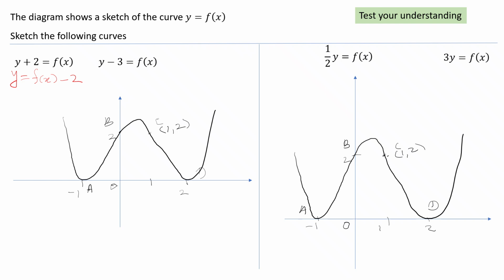So let's mark the new points. For point A, the x coordinate remains the same and the y coordinate is reduced by 2. So the new A point is here, A dash.